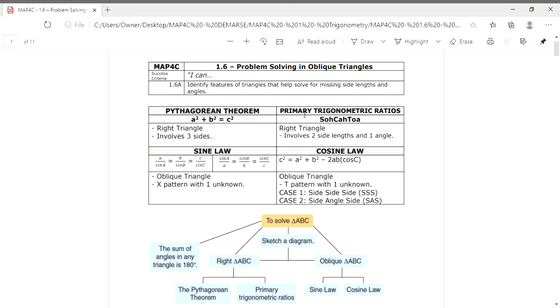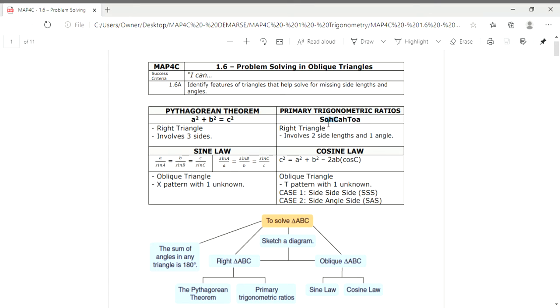Next, we have primary trigonometric ratios. SOHCAHTOA is what we use to remember the formulas for sine, cos, and tan. Now this involves labeling a triangle's three sides with the labels the hypotenuse, the opposite side to the angle in question, and the adjacent side.